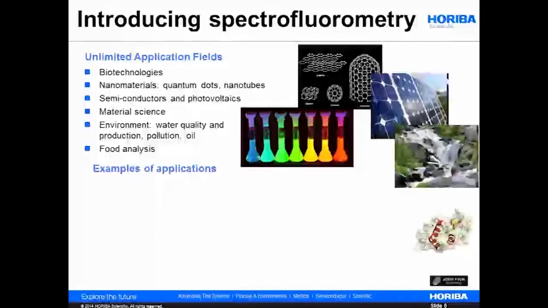Fluorescence is now a mature technique used in a variety of fields. These fields are nearly unlimited, from biotechnologies to nanomaterials, from semiconductors to more general material science, but also in environment or food analysis. Within these fields, numerous examples of application can be found.